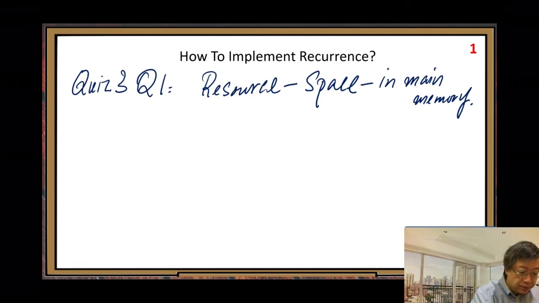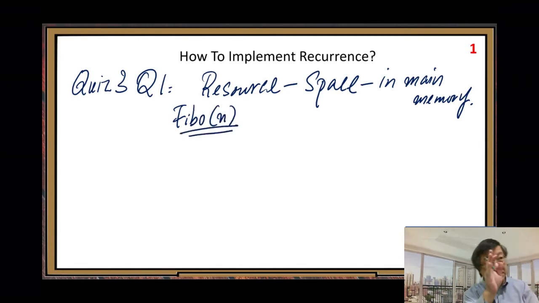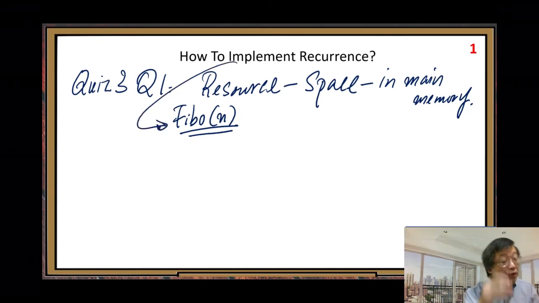All right, first, in main memory, when there is a recurrence function call, here let us use the Fibonacci function. So let us start with this function call. In order to support implementation of Fibonacci or just some recursive function call inside the main memory, a special mechanism is used.